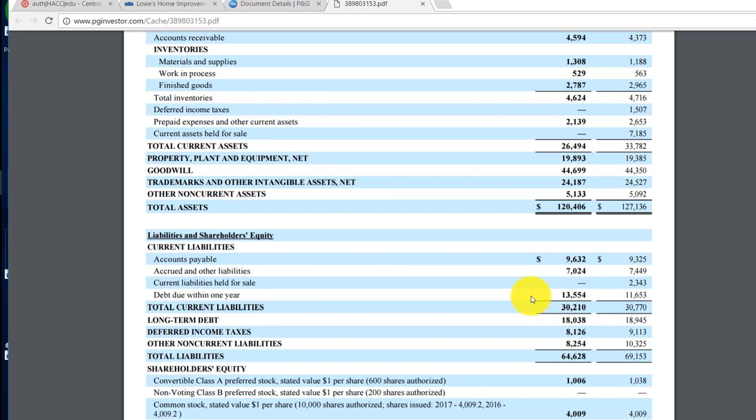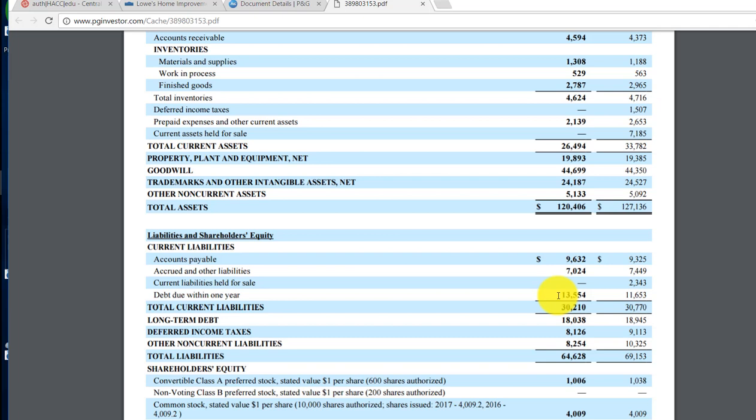Often a company will borrow money for a short period of time with the intention of refinancing that for a longer period of time. So if you have amounts that are due within 1 year that you have the intent to refinance for a long period of time, you can move them from current liabilities to long-term liabilities.